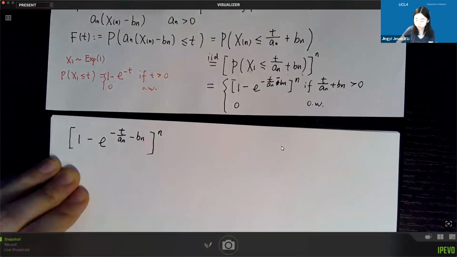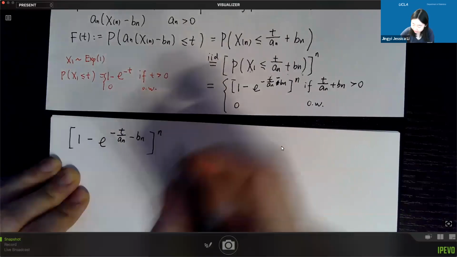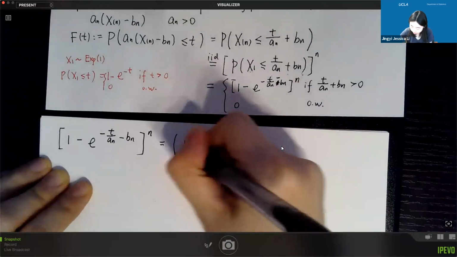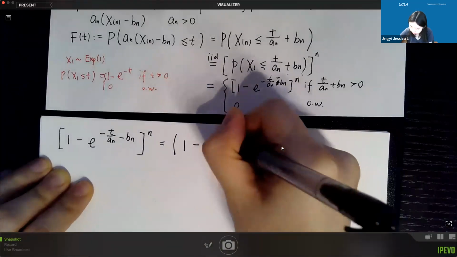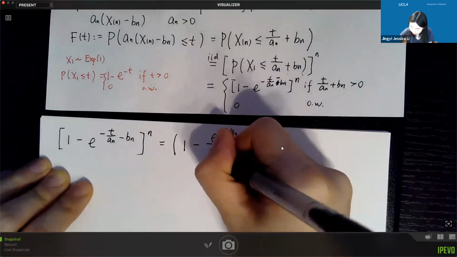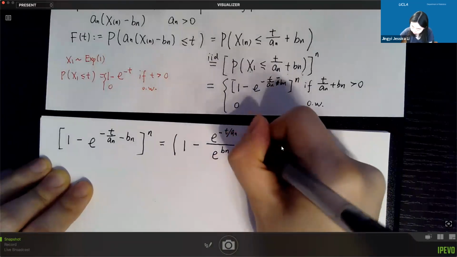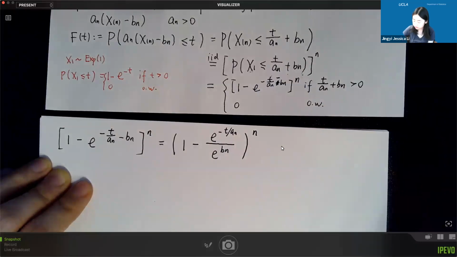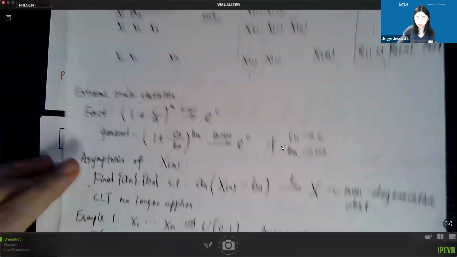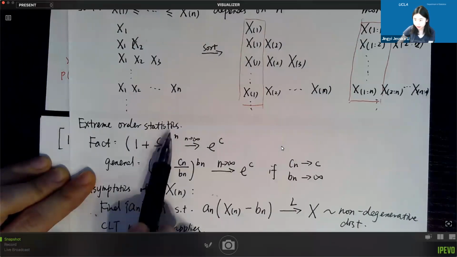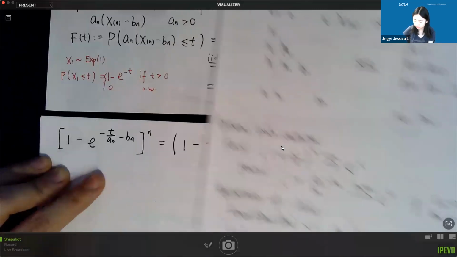That's the term we want to work with, and we want to find a limit for it, letting n go to infinity. Inside the braces, we can actually write it as 1 minus exponential to the power negative t over a_n divided by exponential b_n. Do we see that we are already getting closer to the standard form, 1 plus c over n to the power n? And here we have this.